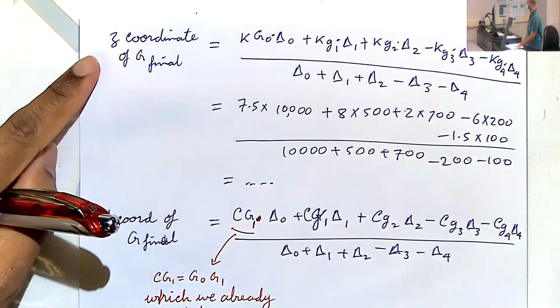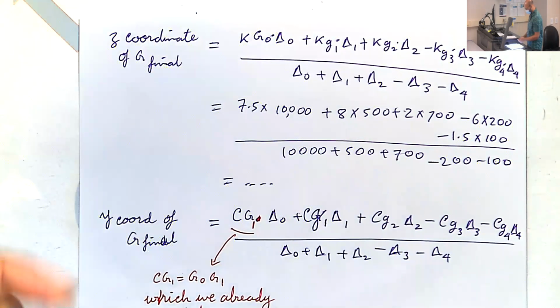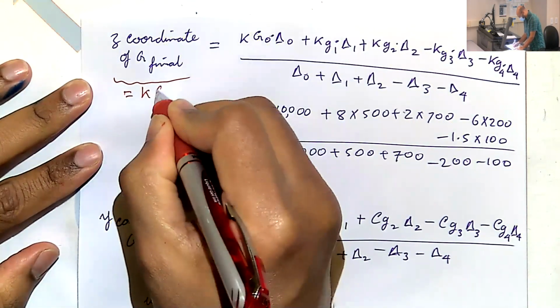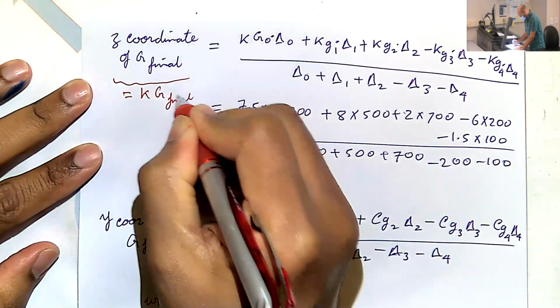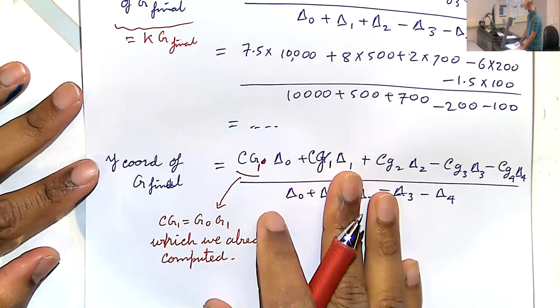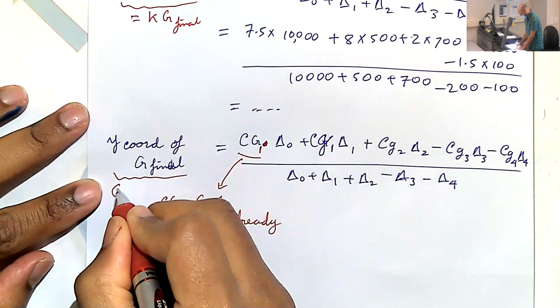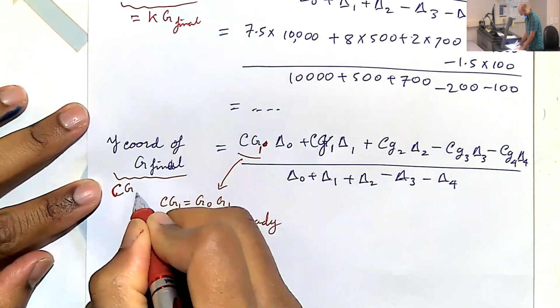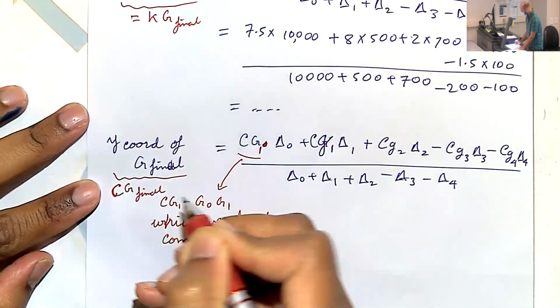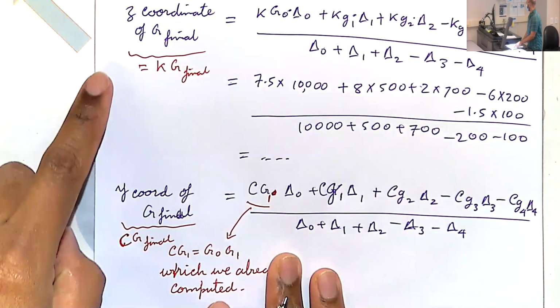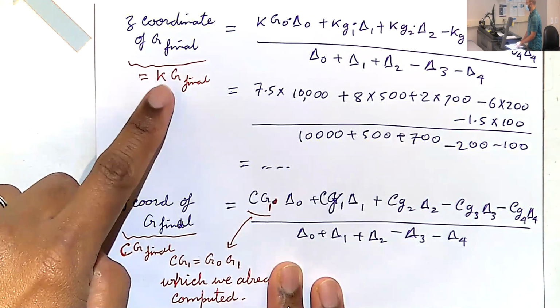Once you have this z coordinate of G final, this basically gives us KG final, and this is equal to CG final. Remember, when we talk about lateral, we start at the center line. When we talk about the vertical, we start at the keel.